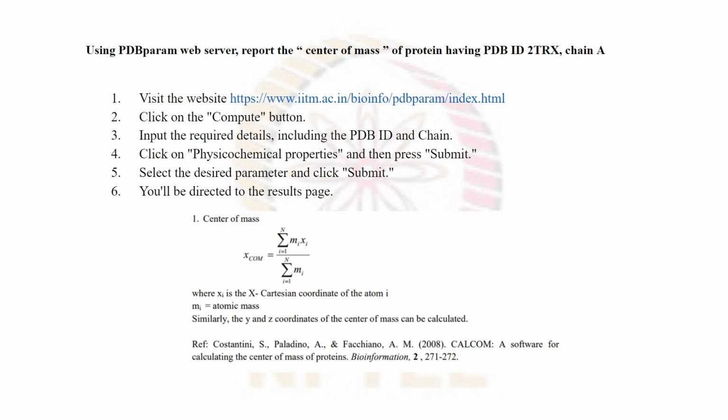Under the physicochemical properties, we have a subset of properties, of which select the desired one. Here it will be center of mass. Then click on submit. You will be redirected to a results page.